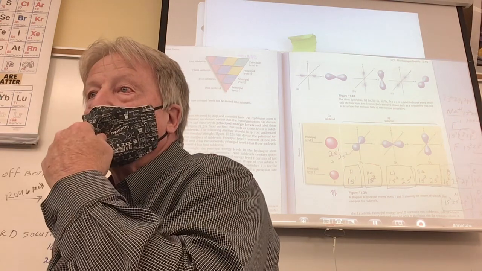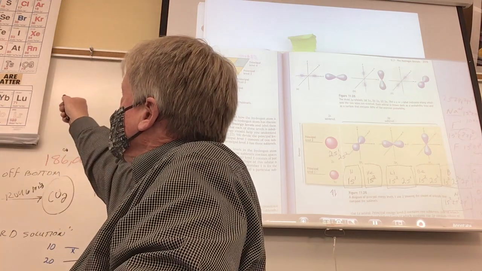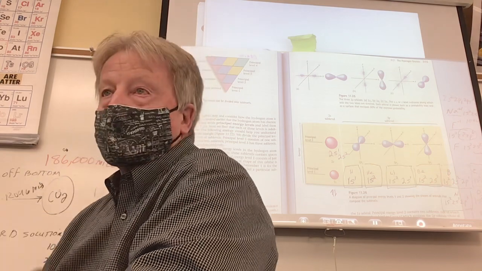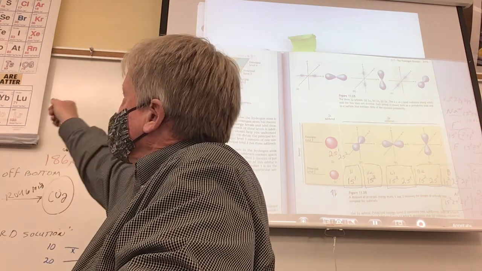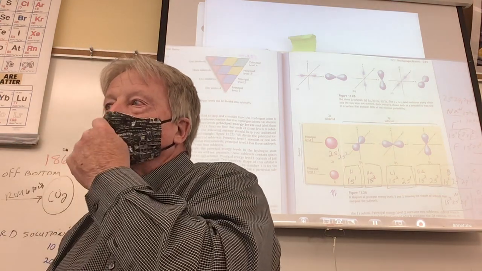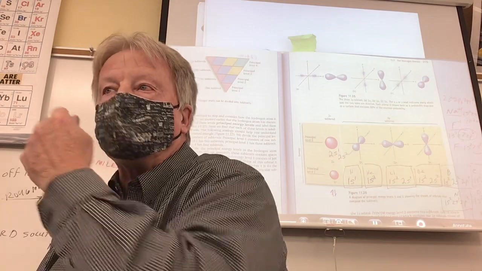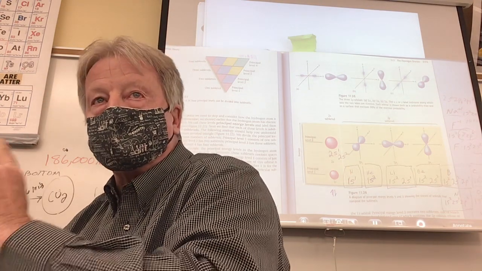Everybody got that? Period number 2 has how many elements in it? That's a quick answer. How many? 8. Period number 3 has 8. And then we start getting 18, 18, 18, 18, okay? So what I want you to know is how many periods are in the periodic table?